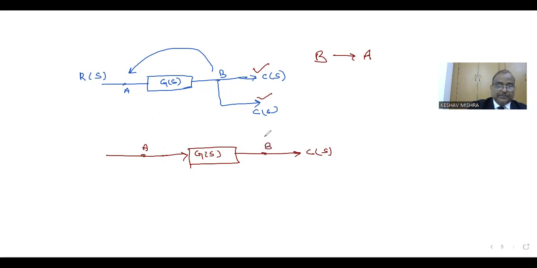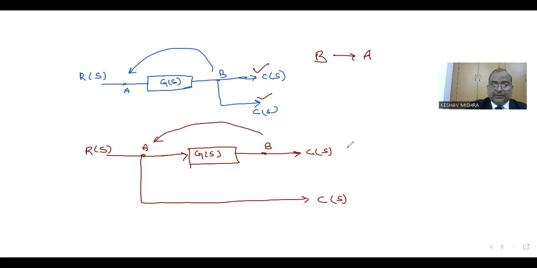This is point B, which is now shifted here. We should get output Cs. This is input Rs. This Cs is simply the multiplication of Rs and Gs. And here also we are getting the same output, Rs into Gs.